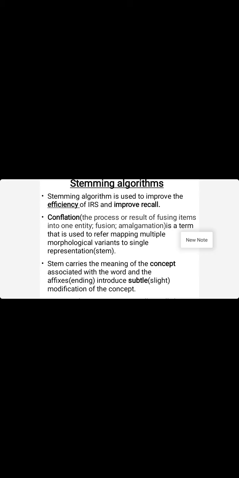It is the process or result of fusing items into one entity. It is the term used to refer to mapping multiple morphological variants to a single representation. Stemming was used for improving performance, and it requires fewer system resources by reducing the number of unique words that our system has to contain.